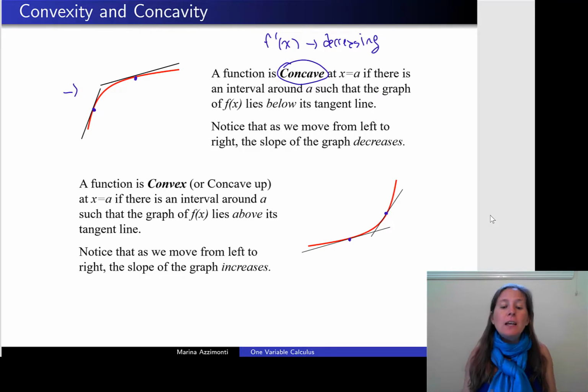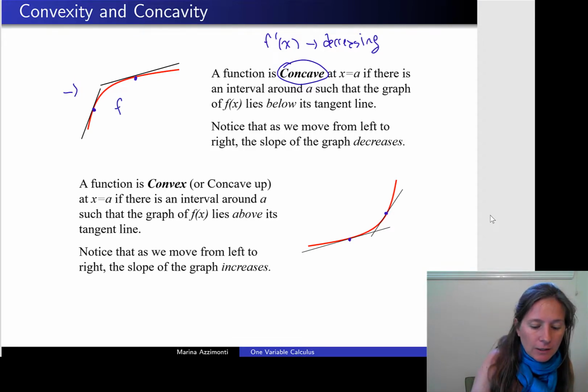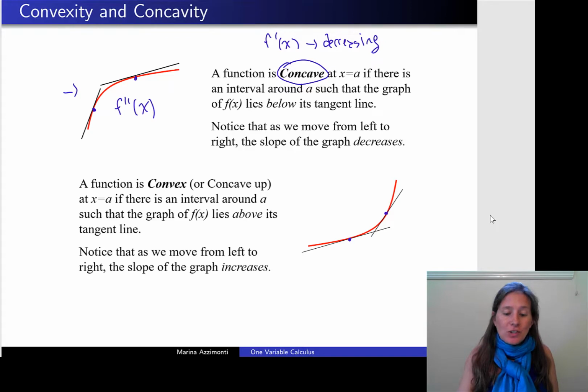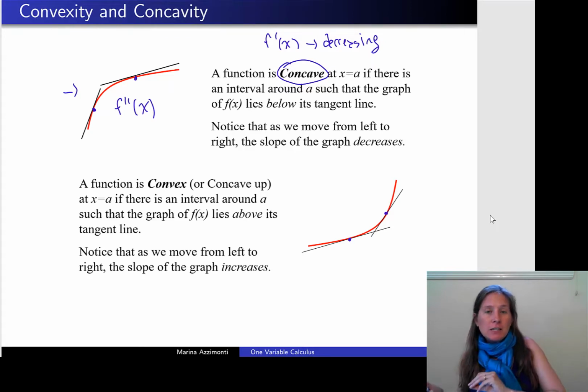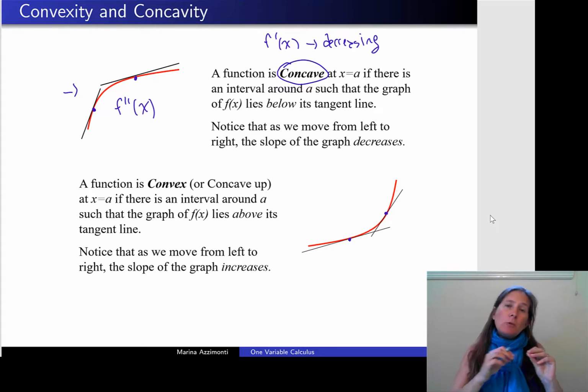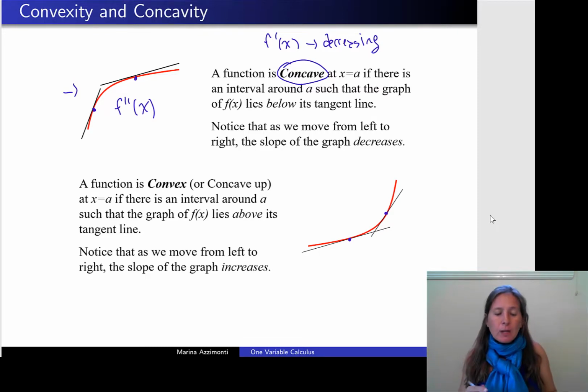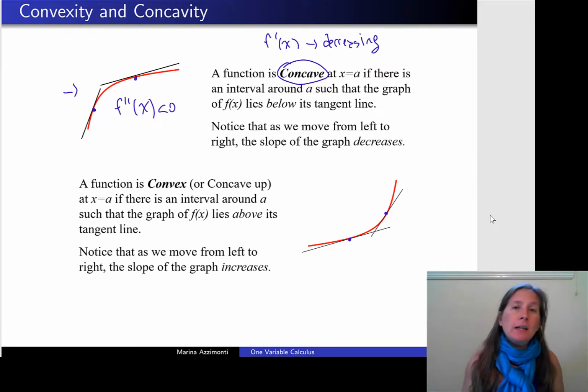So one way of figuring out whether a function is concave or not at a point is to compute the second derivative. The second derivative is simply the derivative of the derivative. So saying that the first derivative is decreasing means that as we increase x, the first derivative becomes smaller. In other words, that the second derivative is going to be negative.